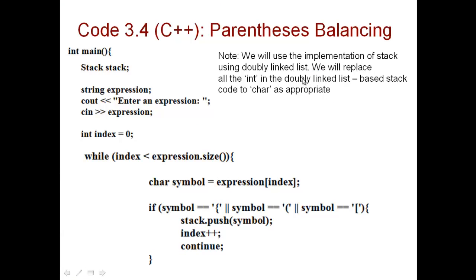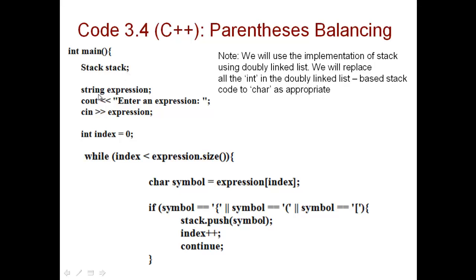So again, I'm assuming that we have a character based stack. So stack is the name of the class, which is a character based stack. So all the int there that we have should be changed to char. Then this is the name of my stack, so I could name it anything I want. I just label it as stack with a lowercase s.